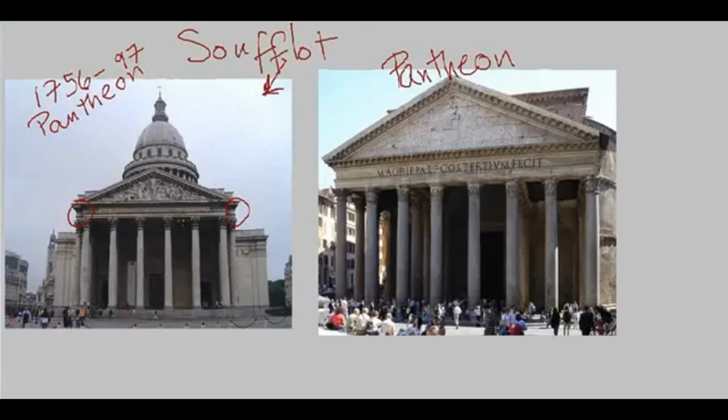Soufflot is really, again, not copying classical architecture, but taking general features. It's quoting the Pantheon. We've got little quotes of the Pantheon, but in the language of the contemporary needs and tastes of 18th century France. And indeed, the sense of elegance and lightness in Soufflot's building suggests the influence of the architecture of France from as far back as the Gothic period.